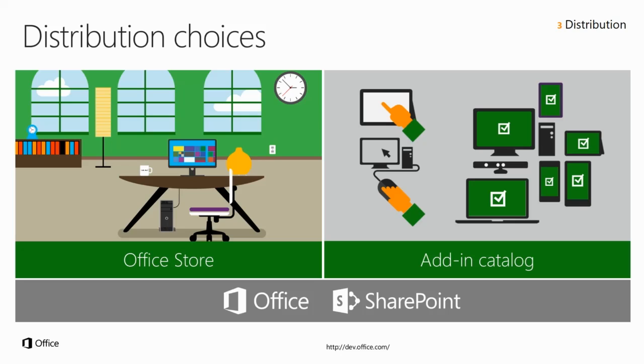It's just a file share where you copy the manifest, and that's basically enough to have your own private deployment and distribution mechanism. So the Office Store is public to everybody who has the Office clients or the Office web applications, and the add-in catalog, using either SharePoint or a file share, lets you publish your applications internally inside of an organization.